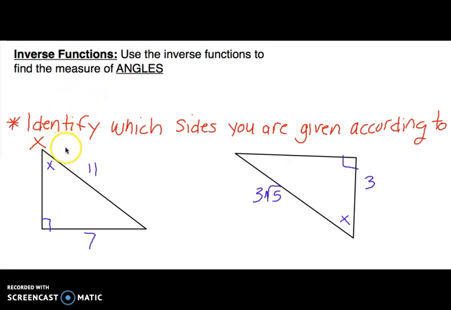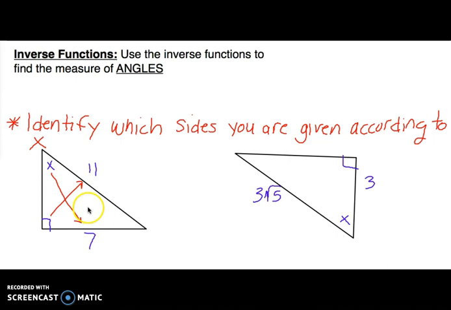So the way that you solve for these is you identify which side you are given according to X. So when I look at this triangle right here, here's my X. Which sides am I given? Well, this one right here, the 7, would be considered the opposite of X. And this right here, the 11, is across from the 90.